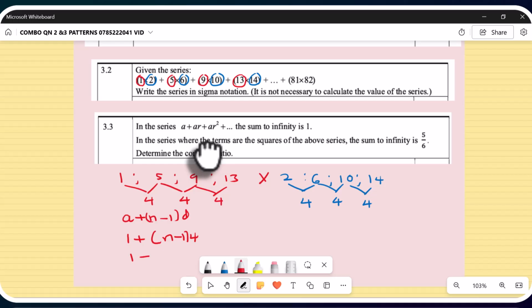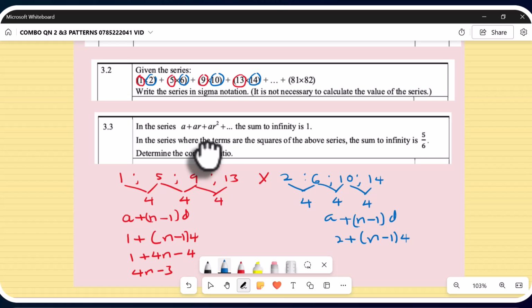If I'm going to use the 81, this one here, then I'm going to equate the Tn, that is the 4n, equals 81. Okay. So 81 plus 3 gives us 84, right? Then 84 divided by 4, our n becomes 21 terms.